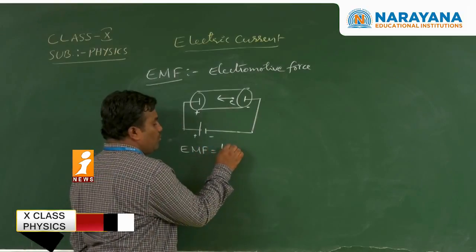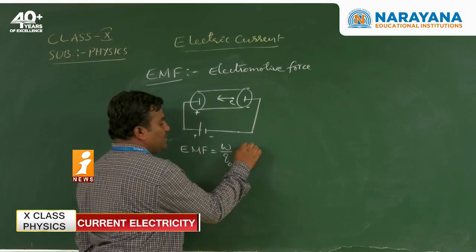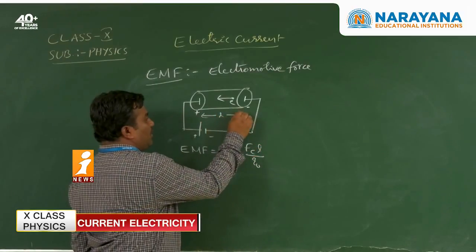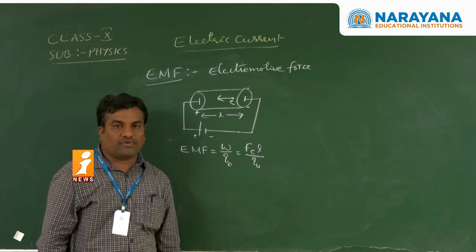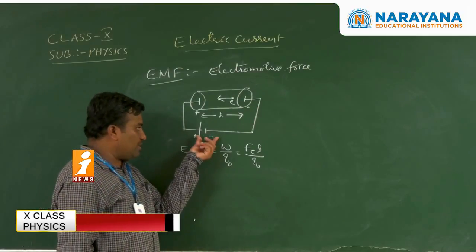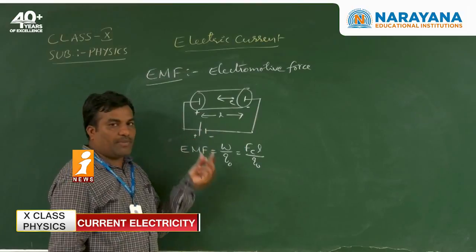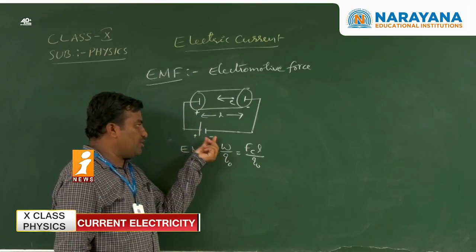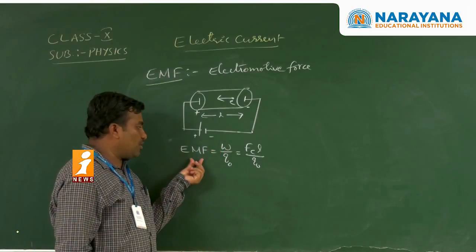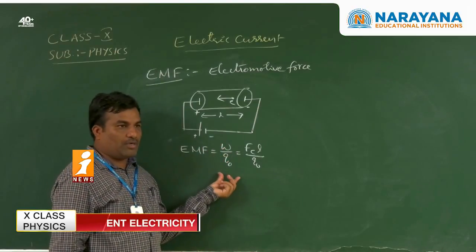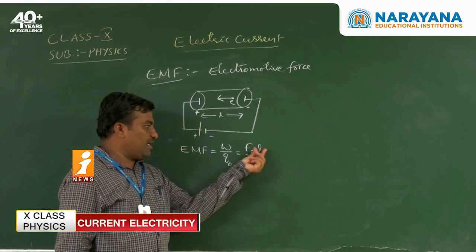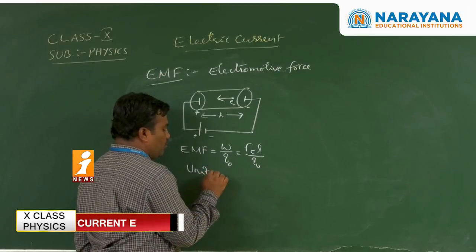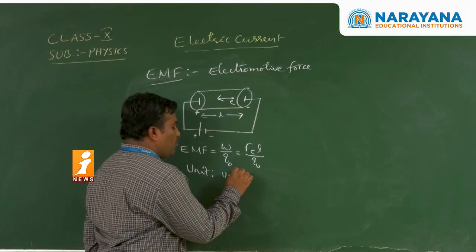E is equal to W by Q naught, that is F_C L by Q naught, because the length of the conductor is L and chemical force F_C is acting. Units are again volt.